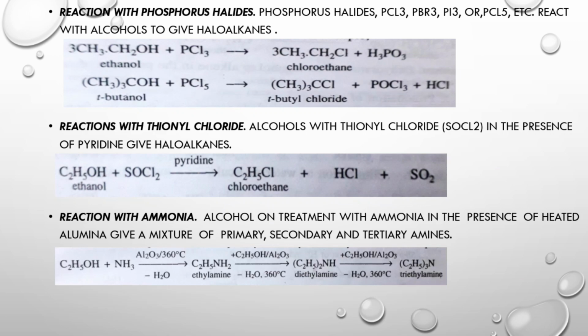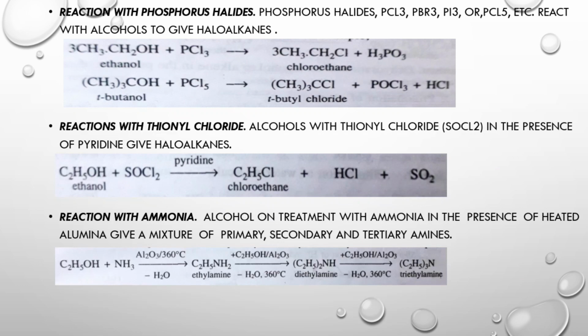And another is reaction with phosphorus halides. As we know, PCl3, PCl5, PBr3, PI3 and so on are phosphorus halides. When phosphorus halides are treated with alcohols, they give haloalkanes. For example, when ethanol, CH3CH2OH, is treated with PCl3, it gives chloroethane, 3CH3CH2Cl plus H3PO3.